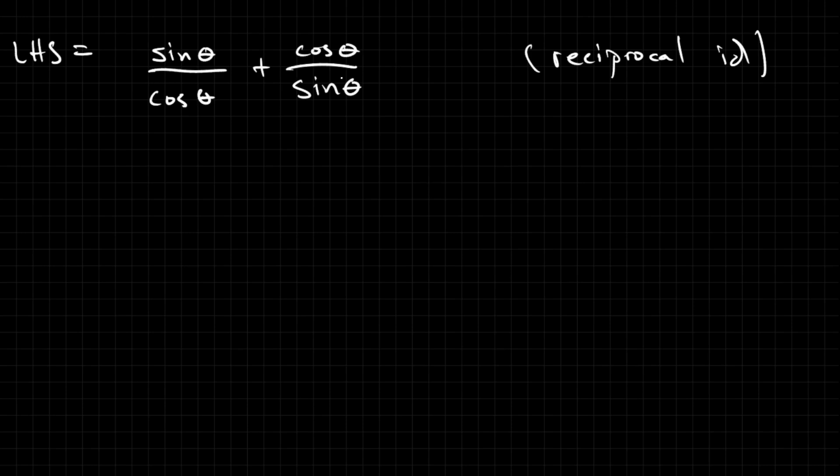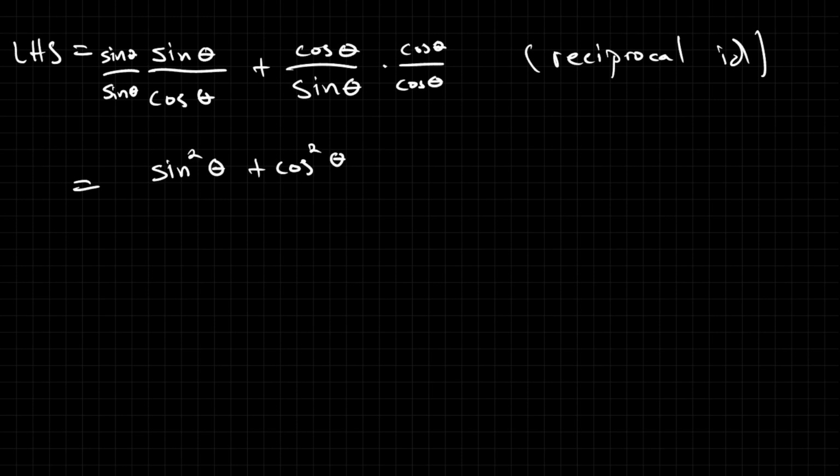Now I'm adding fractions here, so I think I'll go ahead and get a common denominator. So if you multiply this by cosine theta over cosine theta, and this by sine theta over sine theta, that will get us a common denominator. And so this would be sine squared theta plus cosine squared theta, all divided by sine theta cosine theta.